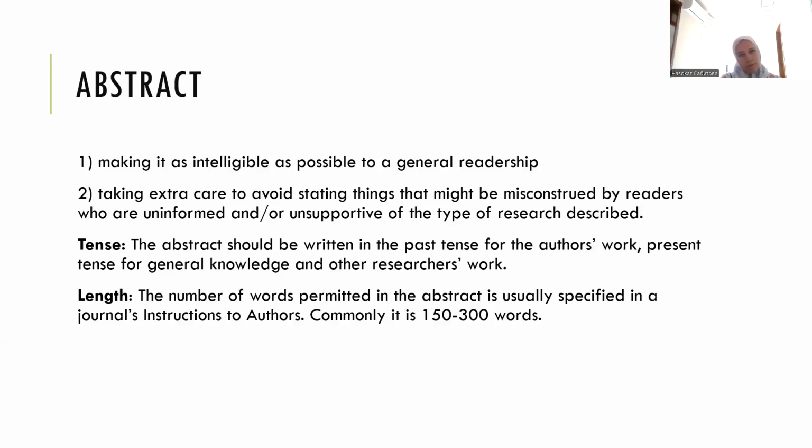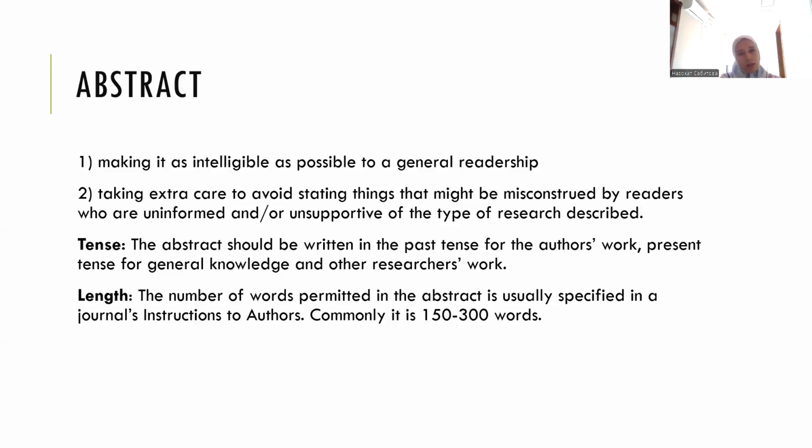So tense: the abstract should be written in the past tense for the author's work. So I did research and achieved these results. So this is the past tense, but other general knowledge or other researchers' works, for example, can be included in the present tense.